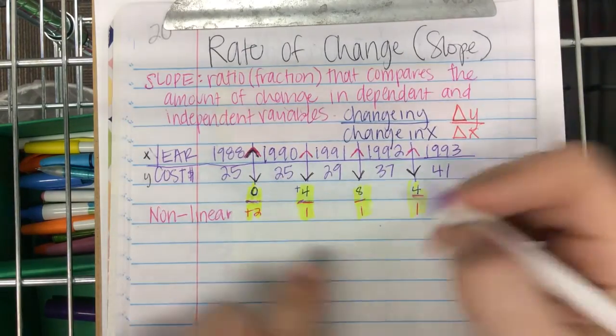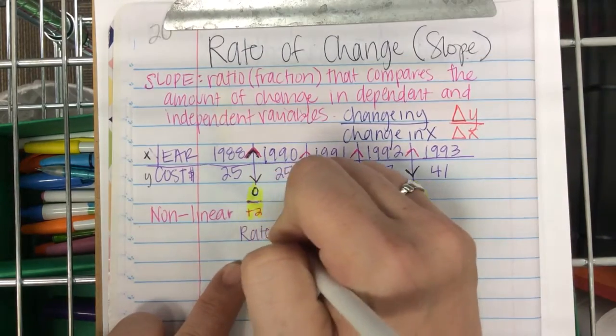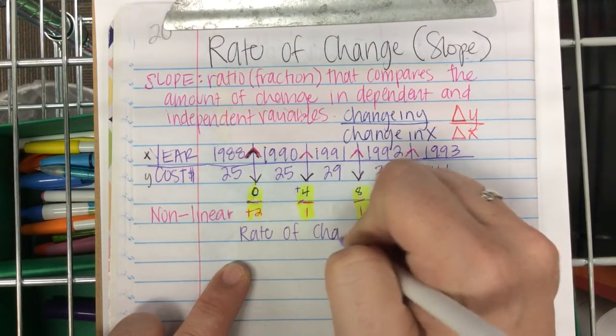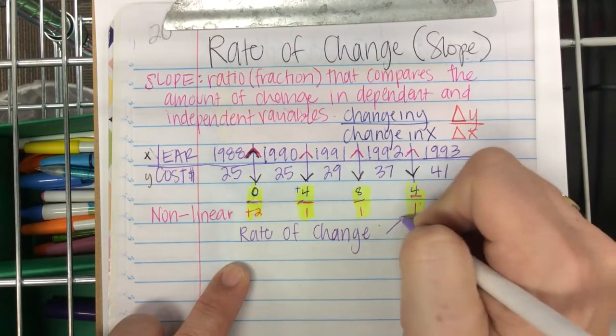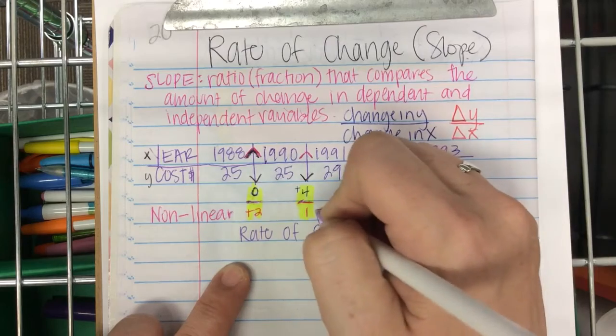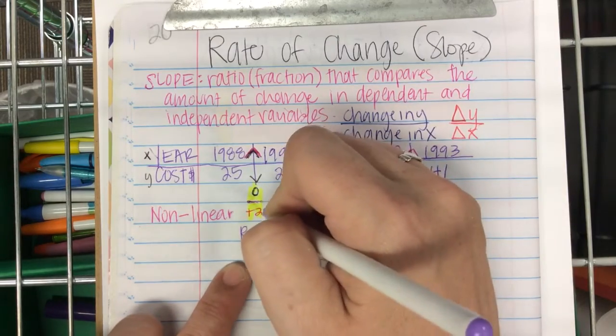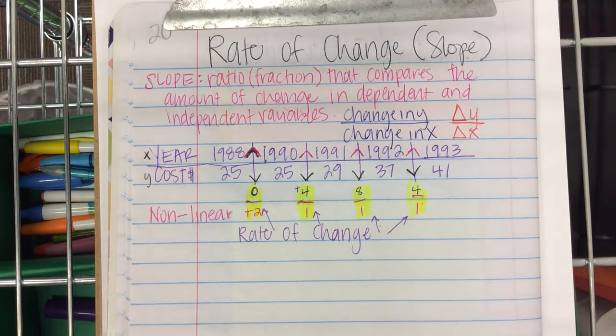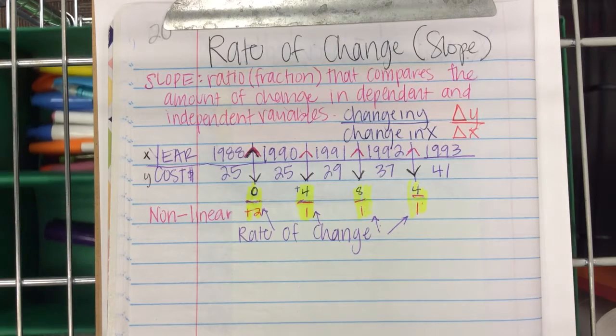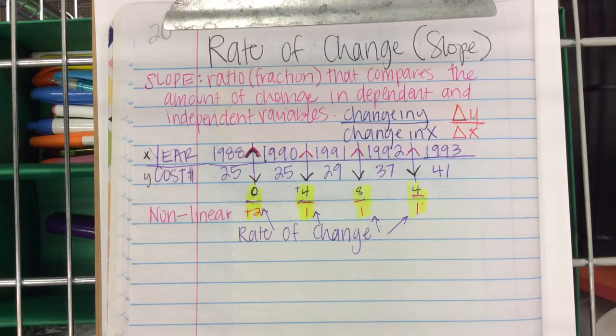They're not called slope, because if it was slope, they'd all be the same. Slopes are all the same. Rate of change can all be different.